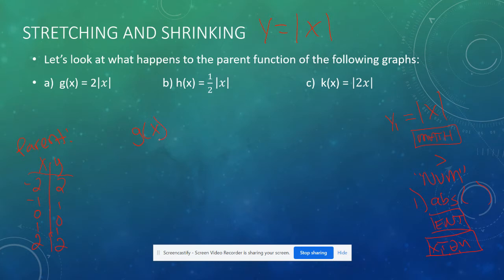So for that g of x, our xy table would be 4, 2, 0, 2, 4. Go ahead and do the same thing for the table of h of x.